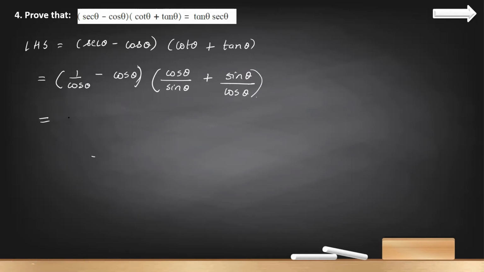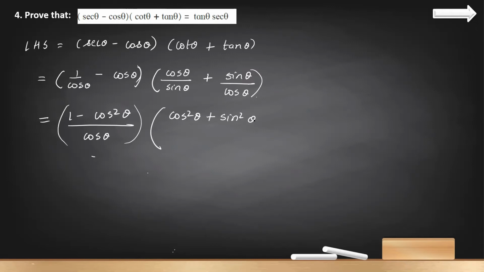Now take LCM, so this will be (1 minus cos square theta) upon cos theta for one bracket, and for the other bracket, again cross multiply and take LCM. So this will be (cos square theta plus sine square theta), the whole upon sine theta into cos theta.